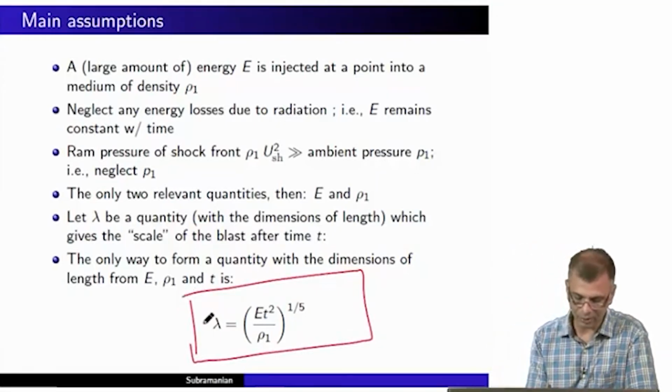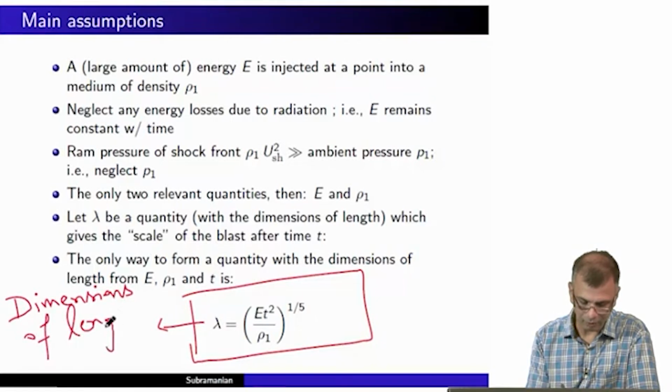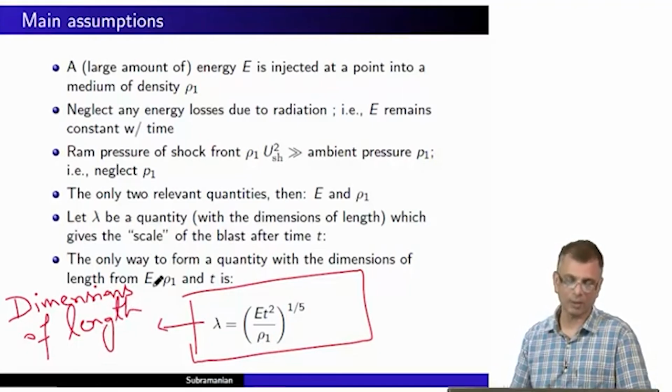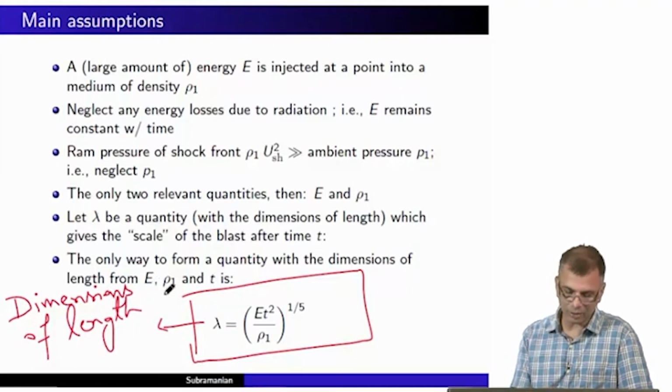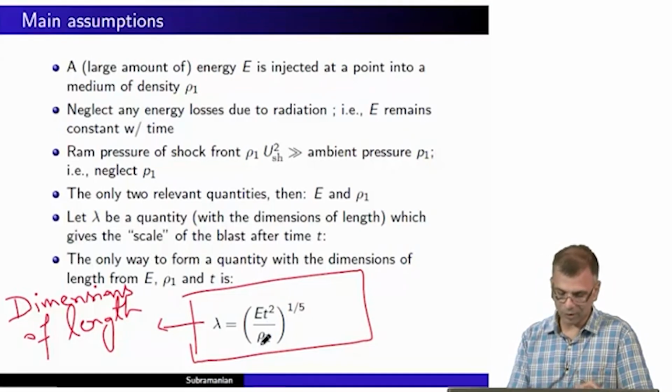This has dimensions of length, physical length, centimeter or whatever. This is the only way you can construct a quantity with dimensions of length from energy, time and density. Okay, so that is very, very important, and this is to be kept in mind.